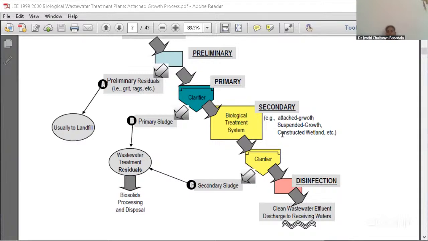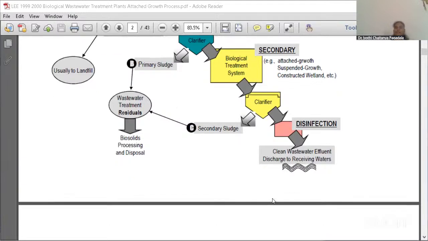In case of secondary treatment, that is the biological treatment system, there are attached growth and suspended growth and constructed wetland, and the secondary sludge acts like a wastewater treatment residual.